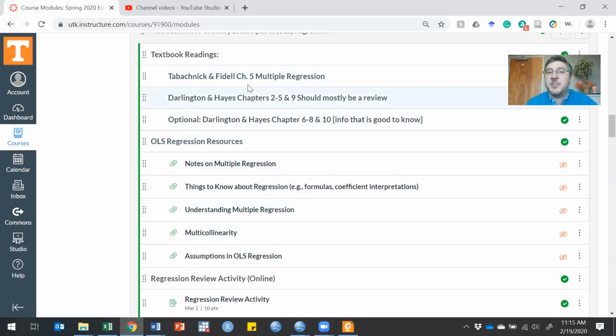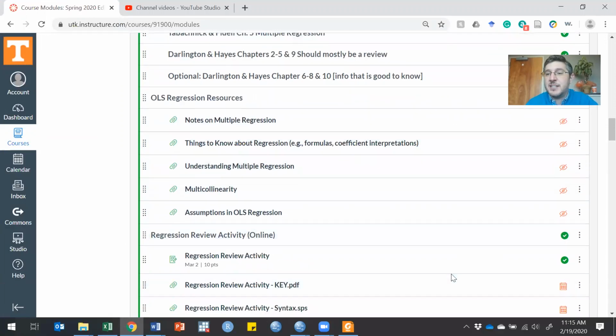Both the Jablonczyk and Helen, Darlington and Hayes books are great resources. And I try to summarize some of that in the notes on multiple regression, things to know about multicollinearity, and the different assumptions of multiple regression that we'll cover in detail in our next class period.